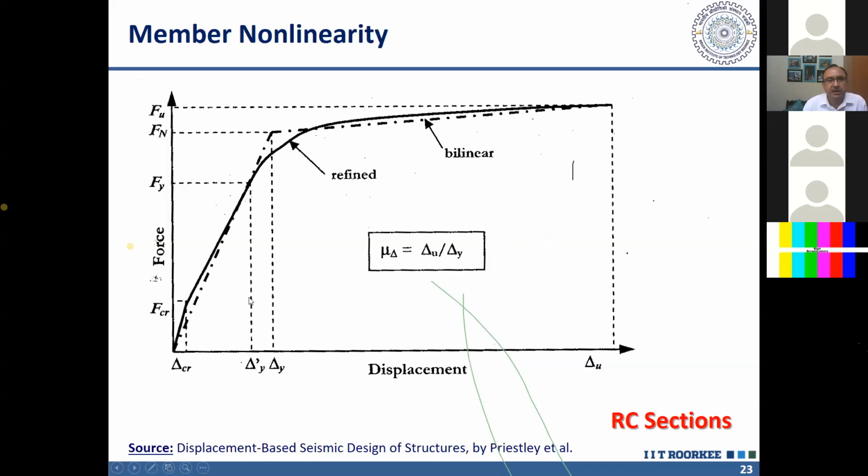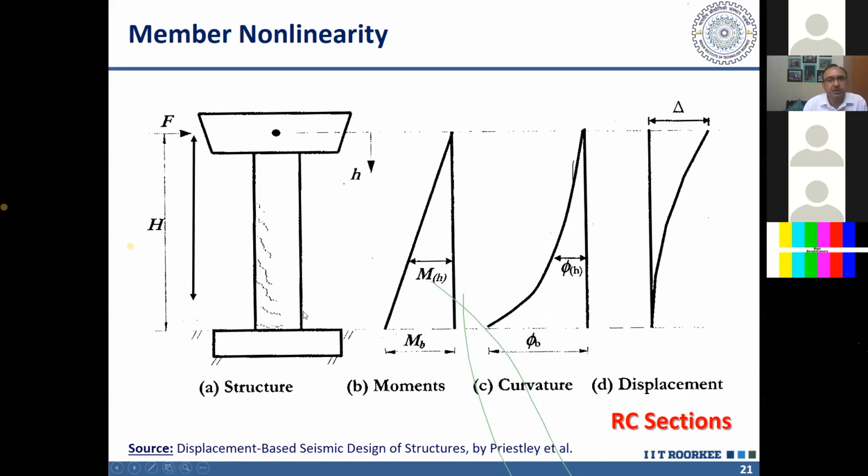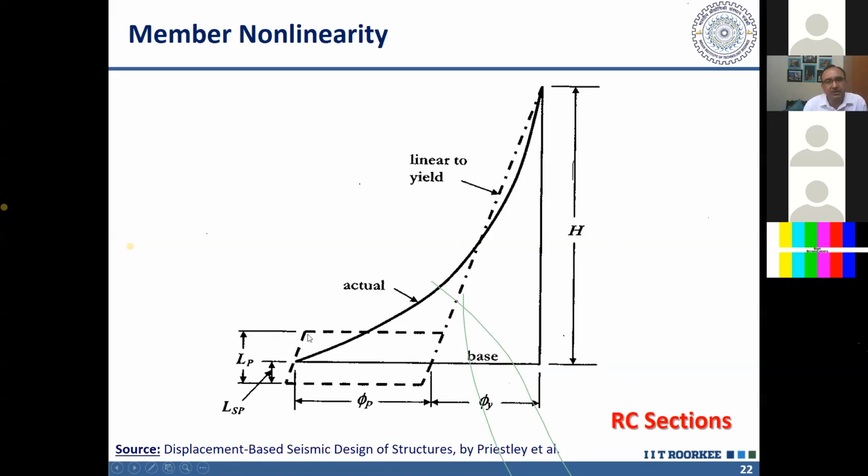Now, I told you that in case of this cantilever, the yielding started somewhere here and it continued till here. And in fact, into the foundation also the yielding occurred. That's why here you can see this LP goes into the foundation also. This is called length of strain penetration, LSP.